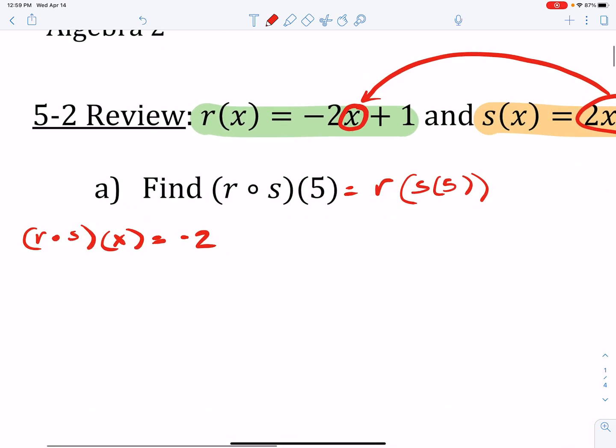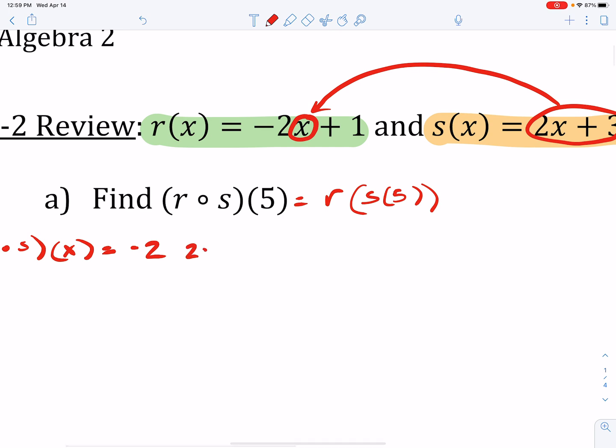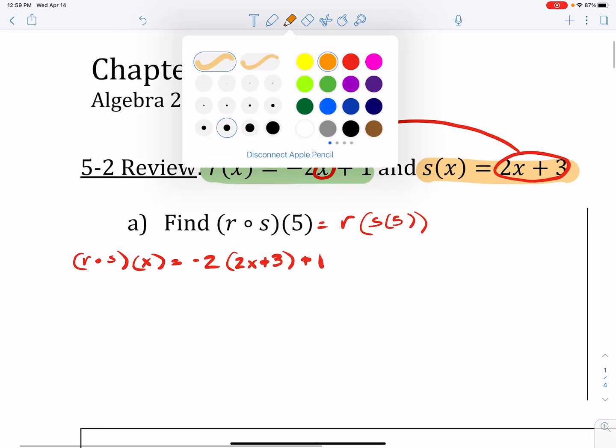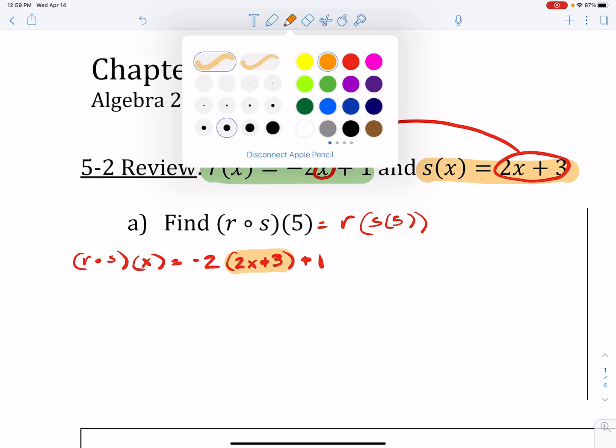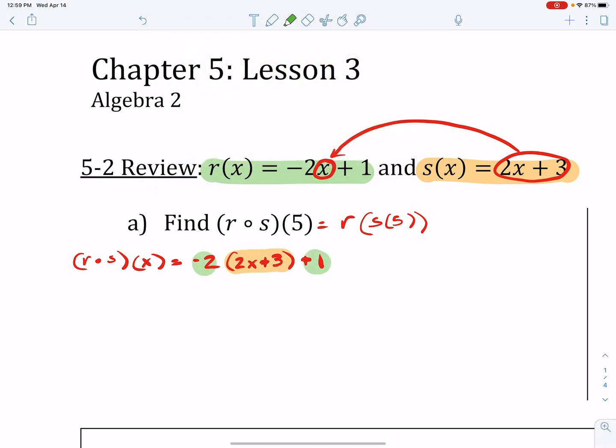So where there's the x, I'm going to have 2x plus 3, plus 1. And to give you a reference on where I'm getting all this information from, this is my S of x, and the green is my R of x.